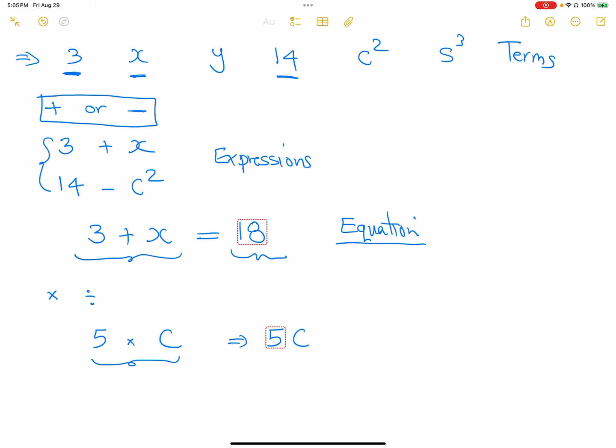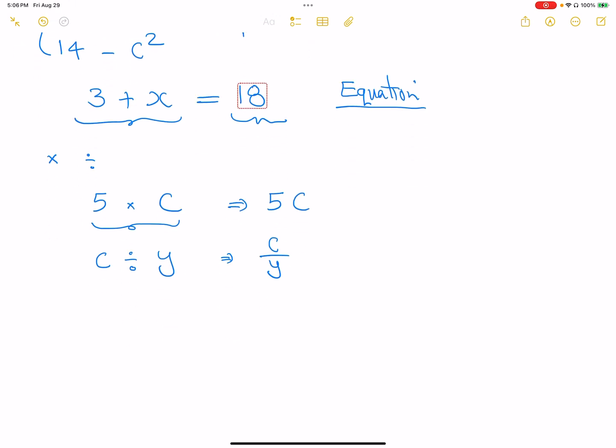Or if we say c divided by y, this is still one term because this is basically c over y. Basically, what I'm trying to say is when you're using multiplication or division, you are attaching terms to create one term. However, when you use addition or subtraction, you are separating terms from one another.